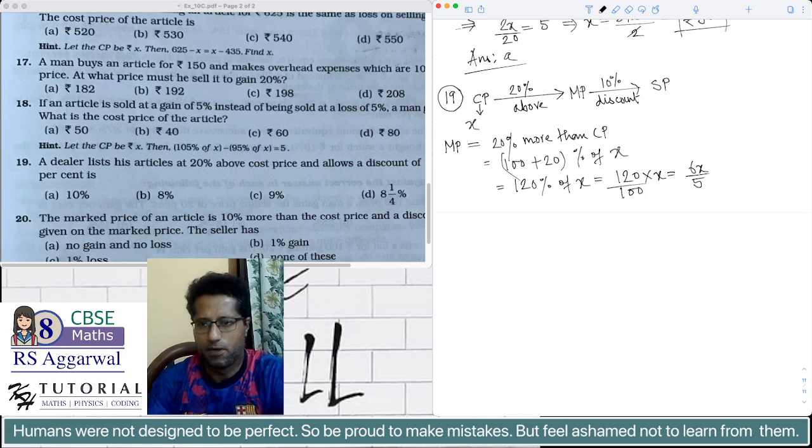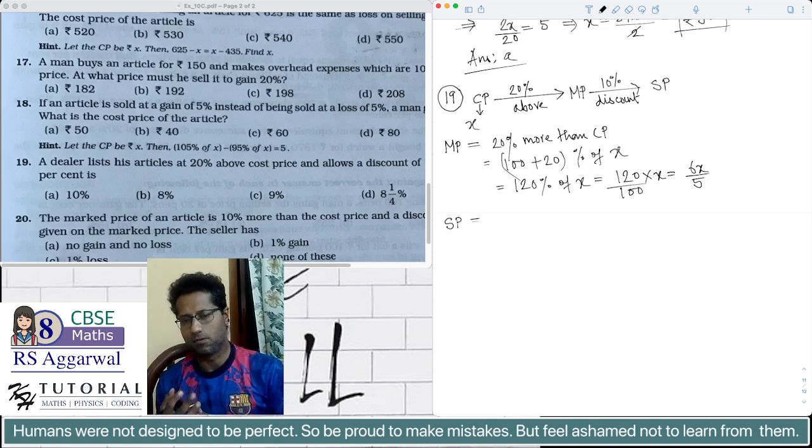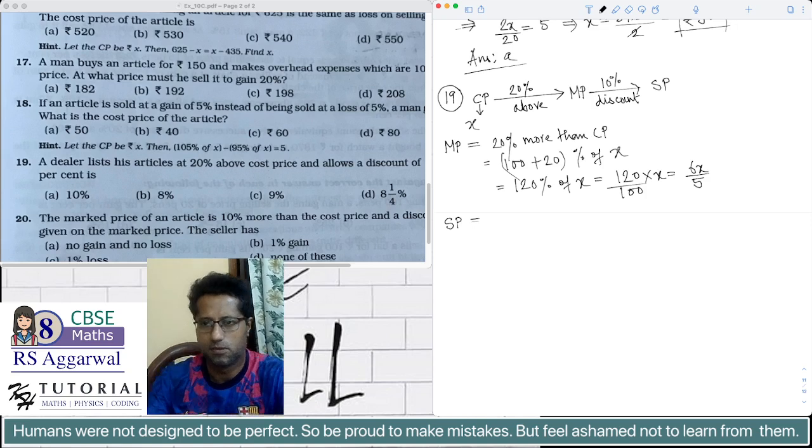Now on this mark price, there is a discount of 10%. So after applying the discount on the mark price, we get the selling price for an article.